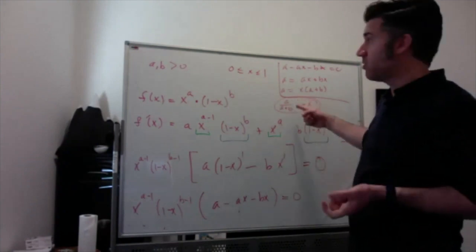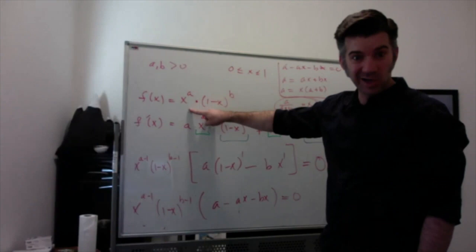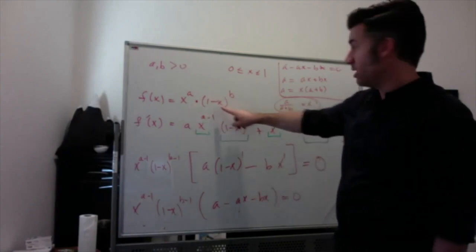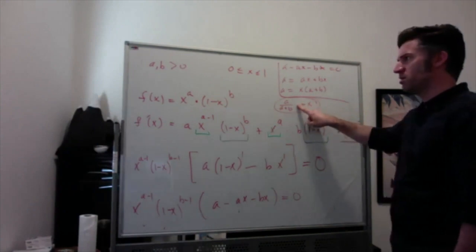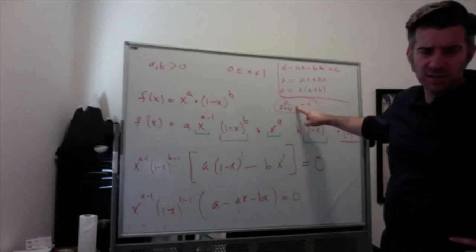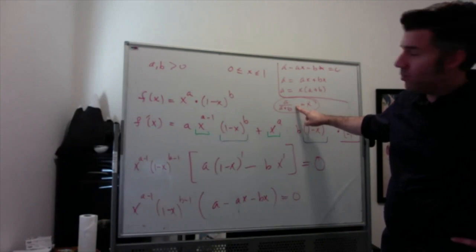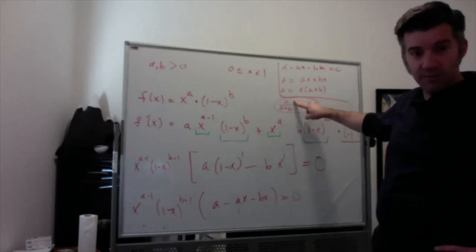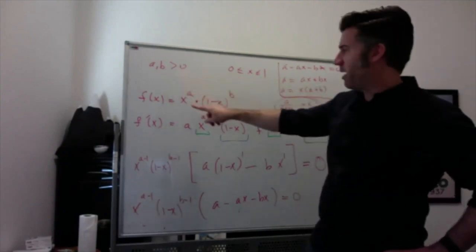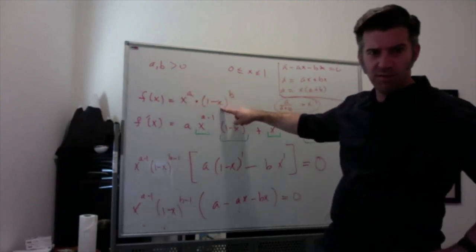If you plug in 0, you get 0. If you plug in 1, you get 0. If you plug in this number, are we guaranteed to get something positive? Is this number positive? Yes. But what about 1 minus that number?